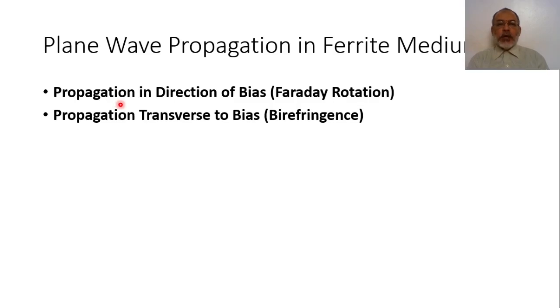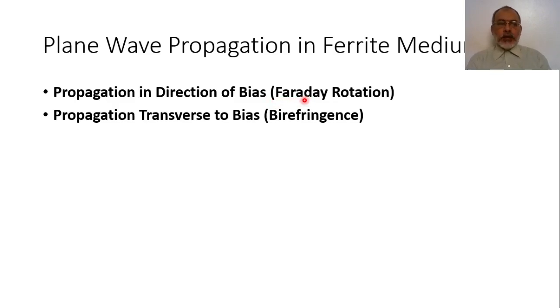And we will see when the plane wave is propagating in the same direction of the biasing DC magnetic field, the plane wave will introduce rotation in the polarization, and this rotation will be called Faraday rotation. So propagation in direction of biasing DC magnetic field is defined as the propagation with Faraday rotation.